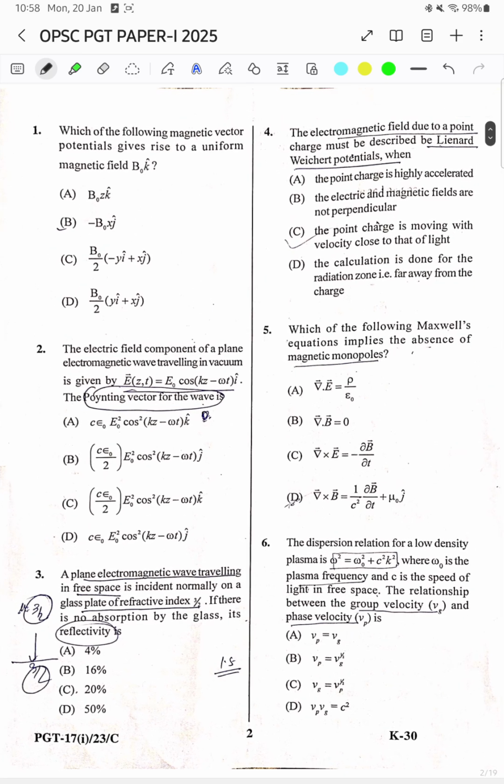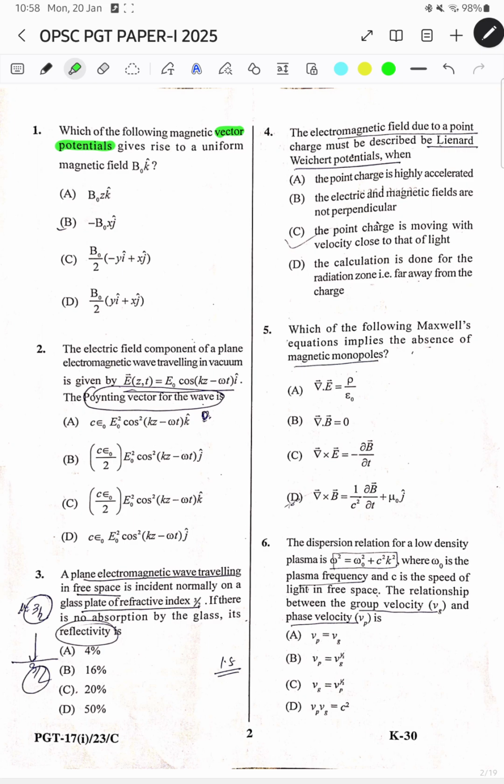The first question is saying, which of the following magnetic vector potentials gives rise to a uniform magnetic field B0 k cap? So the question is about the correct vector potential. Actually we have to see what the question is asking us.